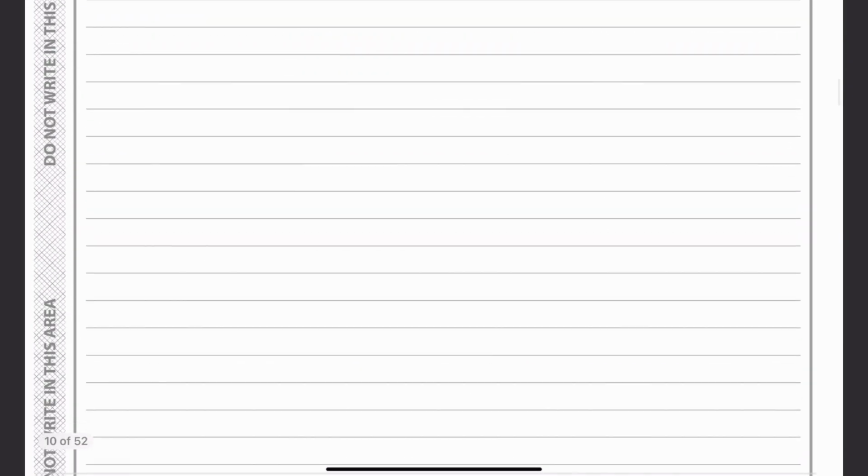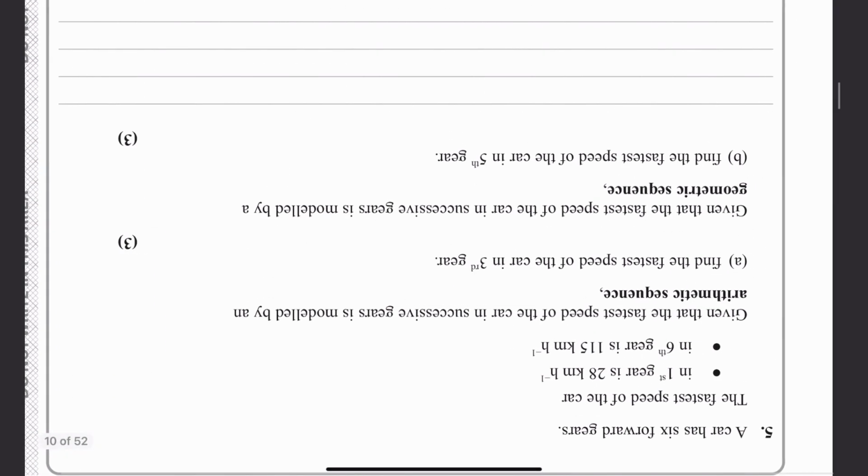Okay, question 5. A car has 6 forward gears. Oh no, I do not like the look of this question. A car has 6 forward gears. The fastest speed of the car in first gear is 82 kilometers an hour. Okay.